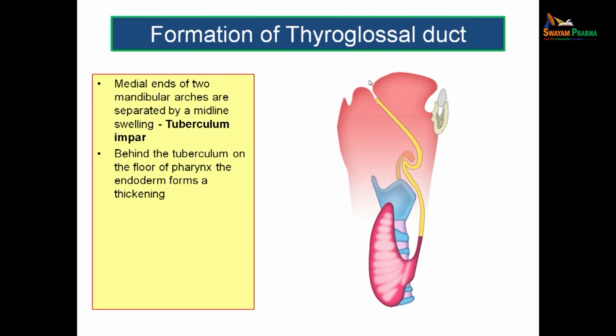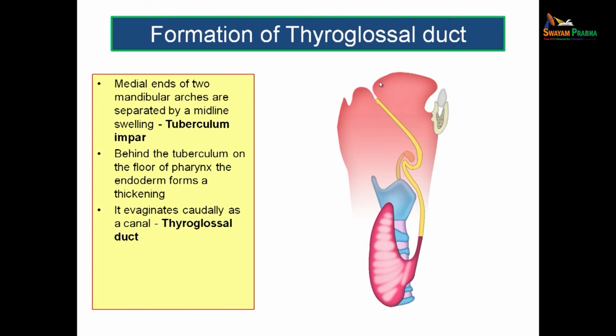When the mandibular arches come closer to the midline, they are separated by this elevation, the tuberculum impar. Just behind the tuberculum impar, you get another elevation, which is a thickening of the endoderm. Now there is an invagination along this thickening towards the caudal aspect, and this invagination is the thyroglossal duct.